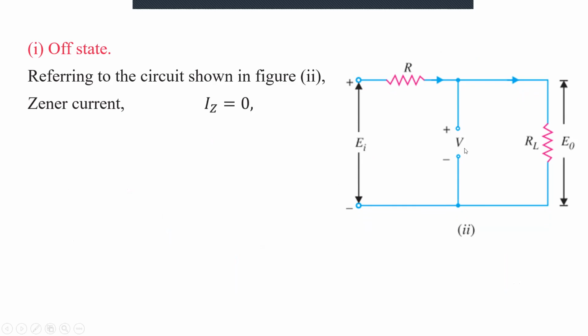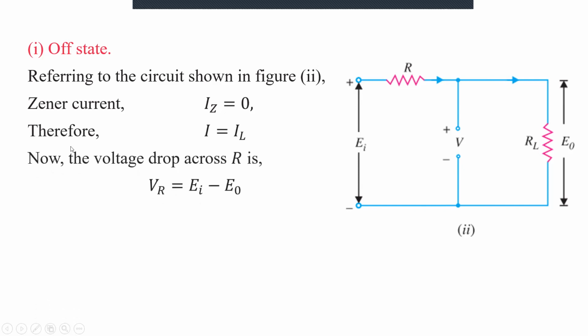When the Zener diode is not conducting the current, it means the Zener current Iz will be equal to 0 because the Zener diode is in open circuit condition. Therefore, the total current I will be equal to IL. I have not shown it here. This is the total current I, and that will be equal to the load current IL. Now the voltage drop across R. What is the voltage drop across this series resistance?